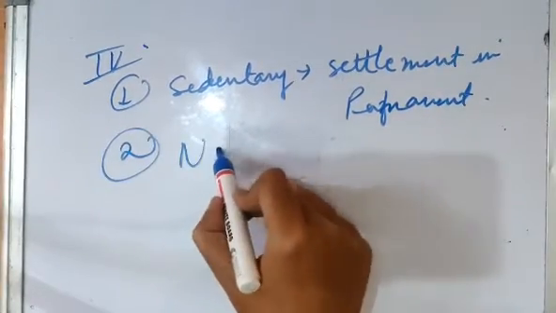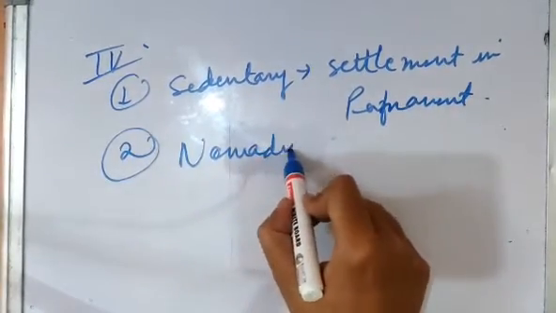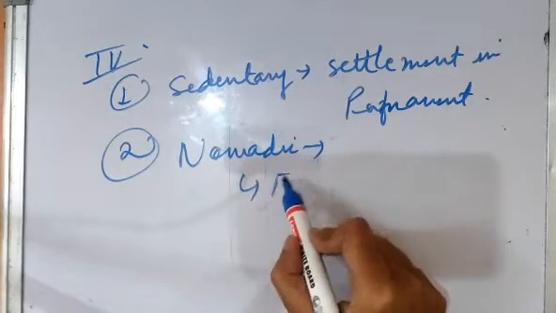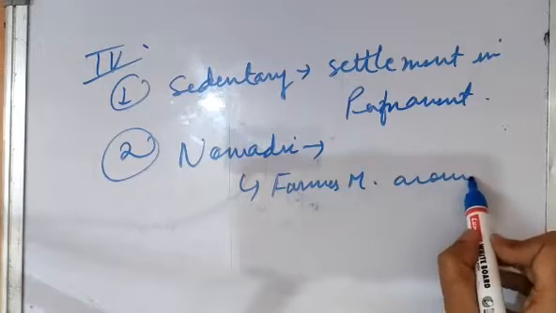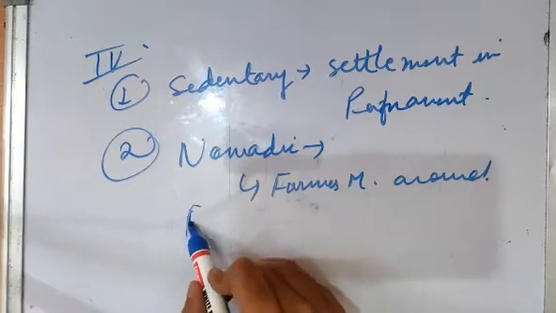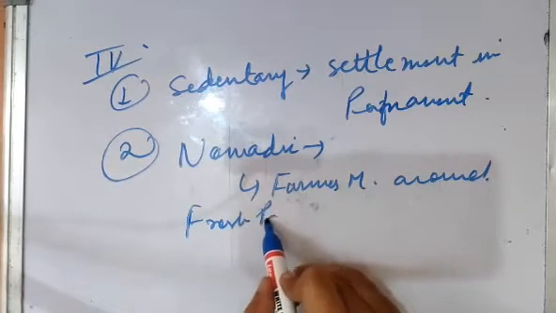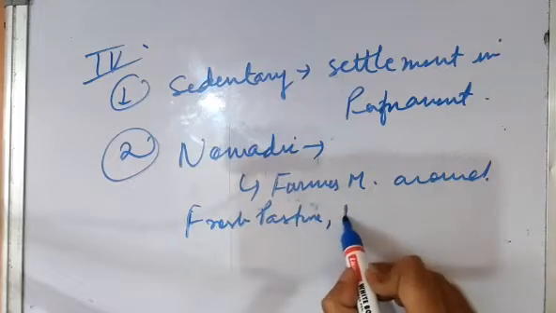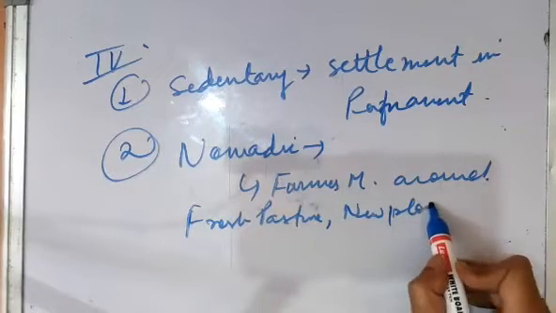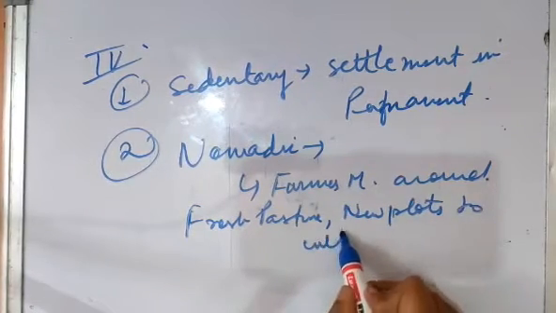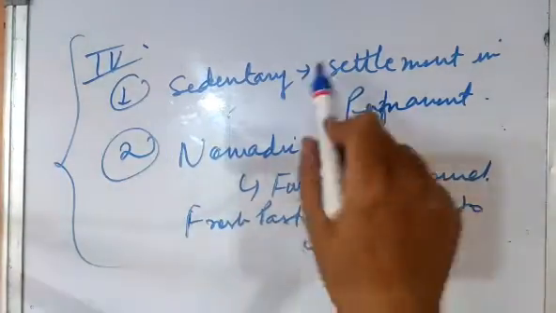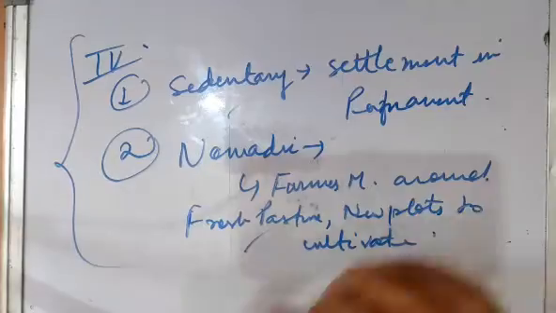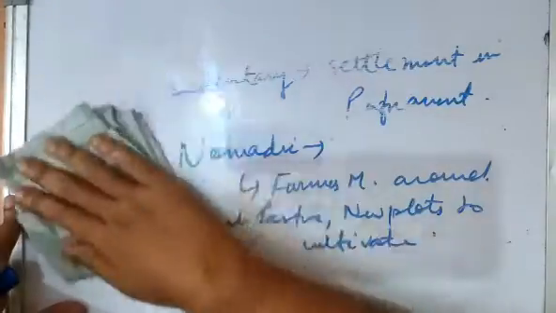And then we have got nomadic. Here farmers move around looking for fresh pastures and new plots to cultivate. So this is what sedentary and nomadic is. Hope you all got this.